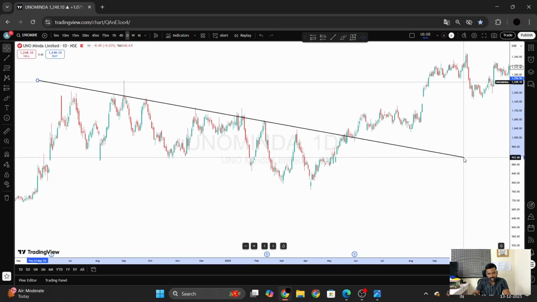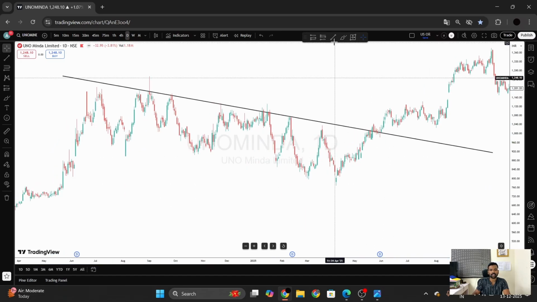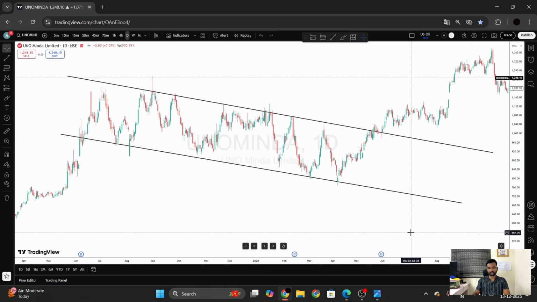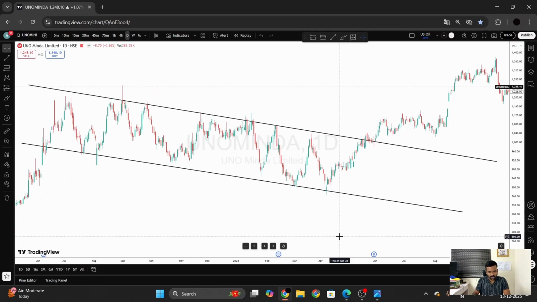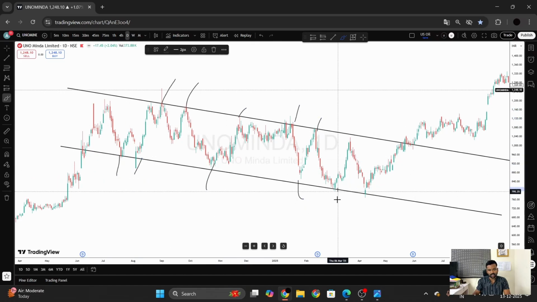So this is the pattern. Here I found a resistance. Look at this, it's a great pattern actually.